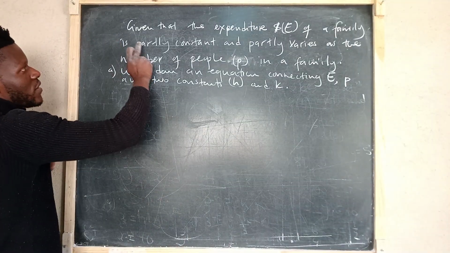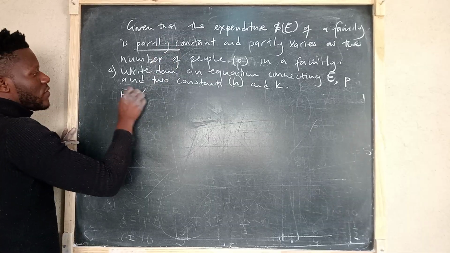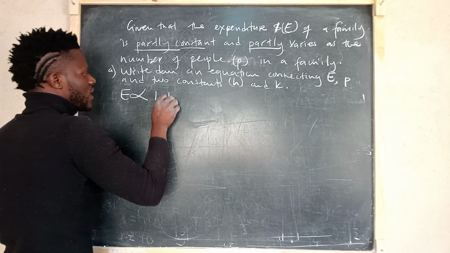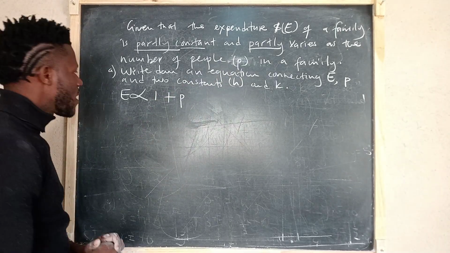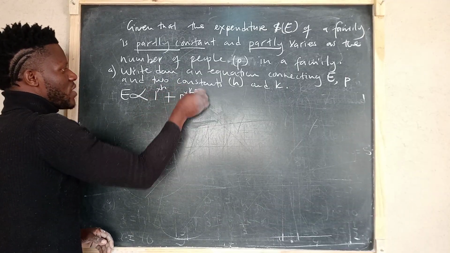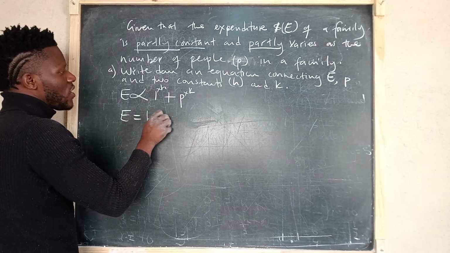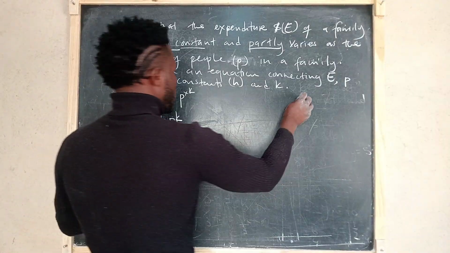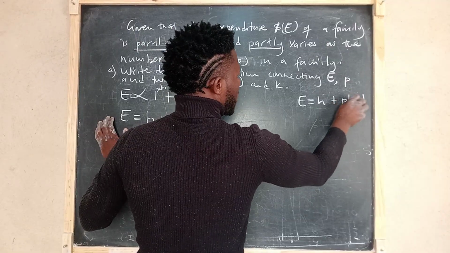So you say, given that the expenditure E is partly constant, replaced by 1, and partly, that's addition, varies as the number of people, P. Now we are going to introduce H. H will multiply by 1, K will multiply by P. Thus, E equals 1 times H plus PK. That's the formula. Let me write the formula. E equals H plus PK.